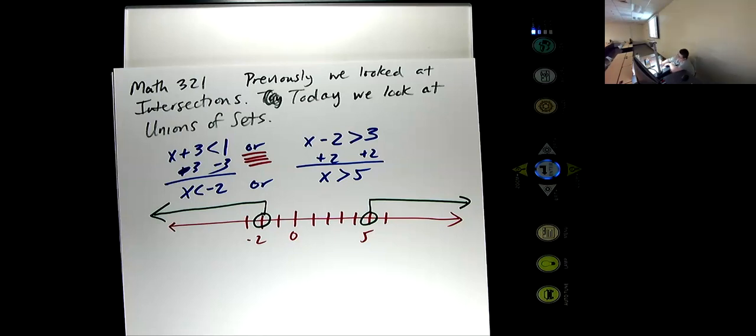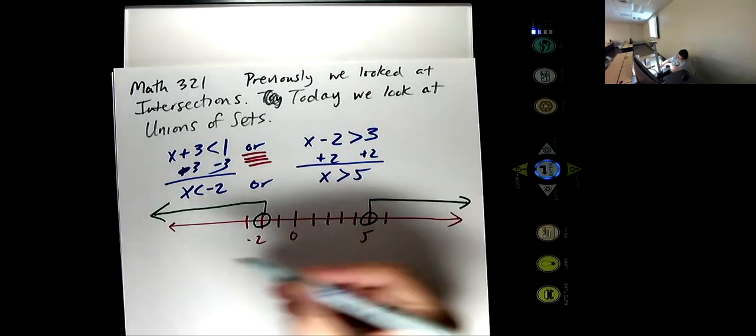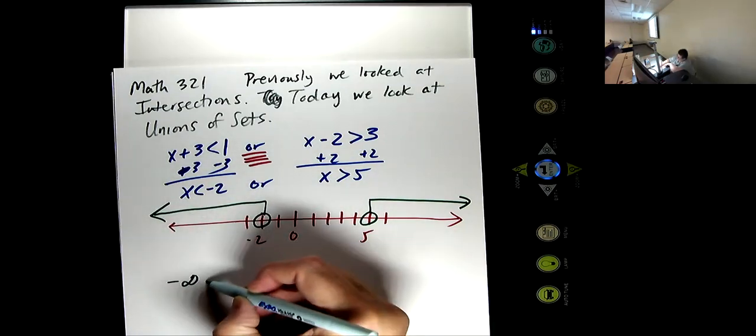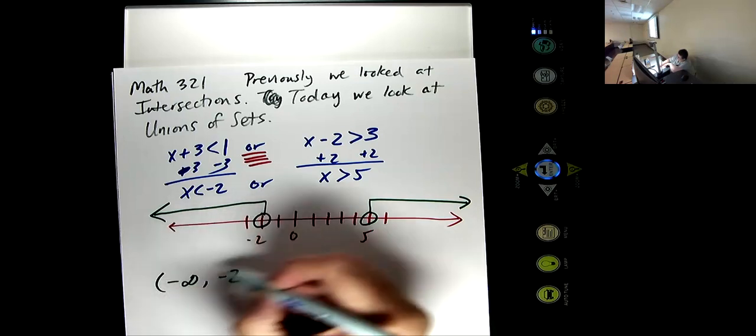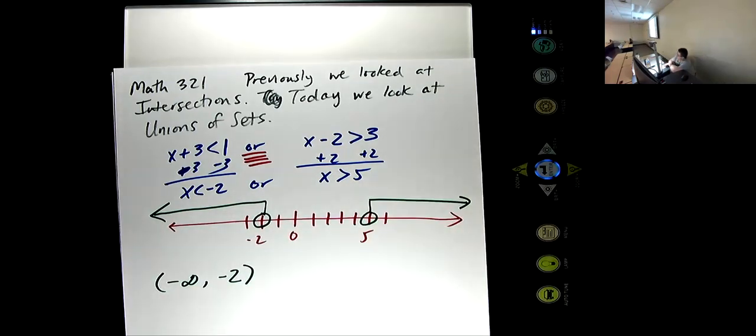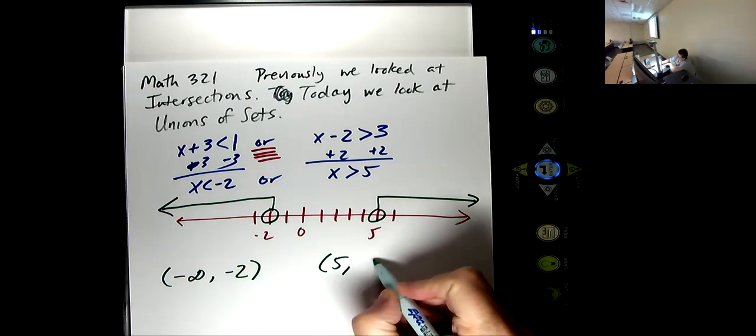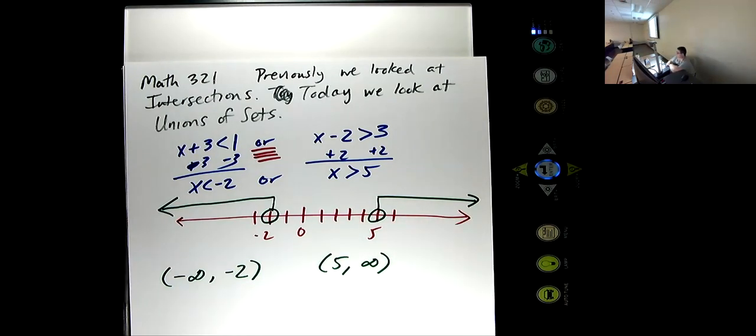And the way we put it in interval notation is we start at -infinity and we go up to -2. We write the two regions just like we see them: 5 to infinity, both with parentheses.